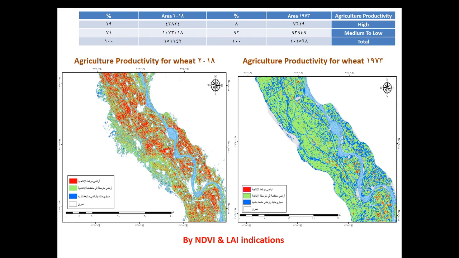We chose the wheat crop farmed in the winter and made a comparison between the farming areas of wheat across years, applying NDVI and LEI, which are relations between the near infrared band and red band in Landsat satellite images.